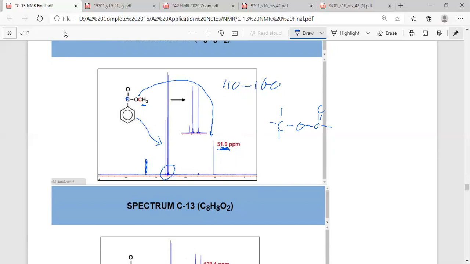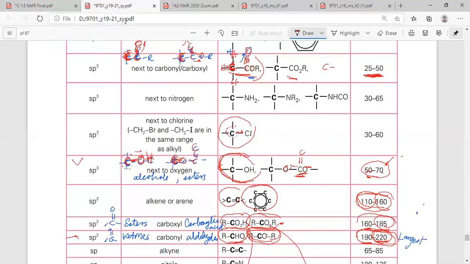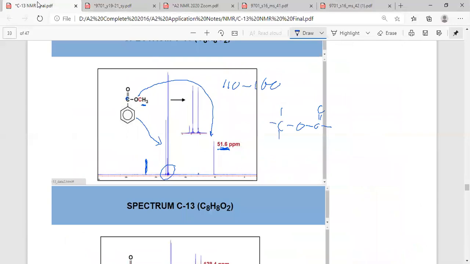The carbon of the ester is this one here, 185. And this belongs to this carbon, the double bond. Now here is the closest one, so it should be this one here.